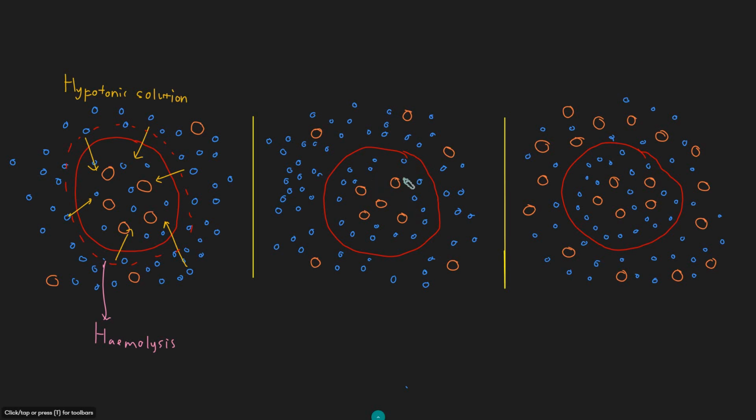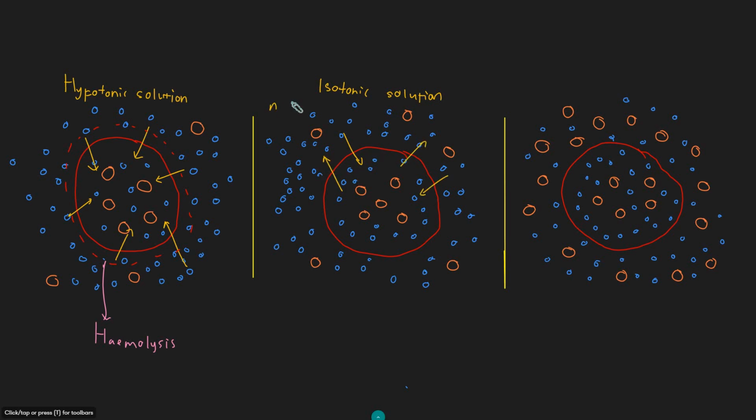In the next diagram, as we can see, the concentration of solute inside of the cell and outside of the cell is the same. This solution is known as an isotonic solution. In an isotonic solution, the movement of water going in and going out of the cell is the same, meaning that water can come into the cell and go out of the cell at the same rate.